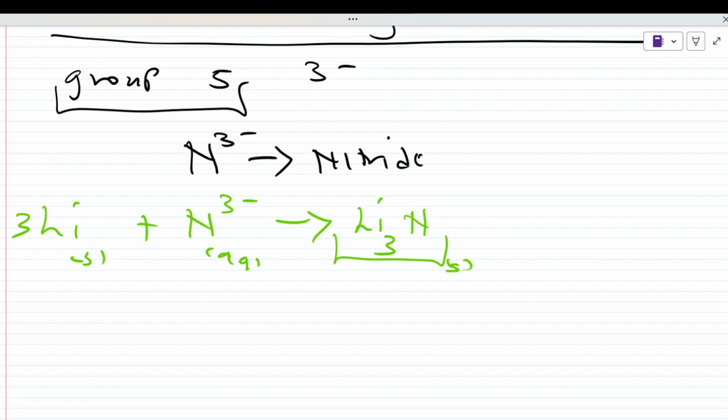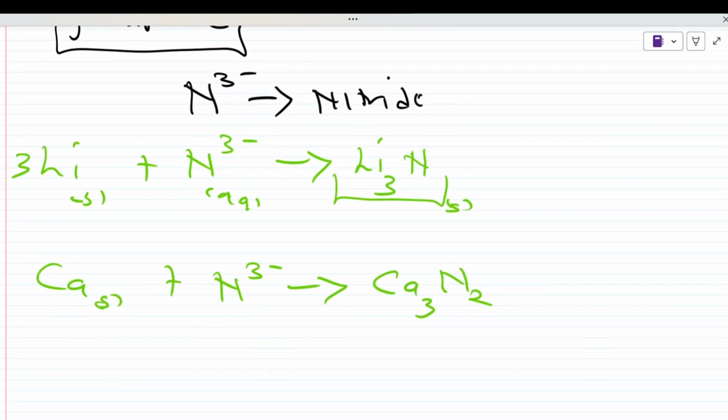Now I'm going to do a group 2, where I'm going to pick calcium. Calcium, Ca solid, plus N3 minus. Calcium is group 2, nitride is 3 minus. So what is going to happen? Calcium is going to pick the 3, nitride is going to take the 2.